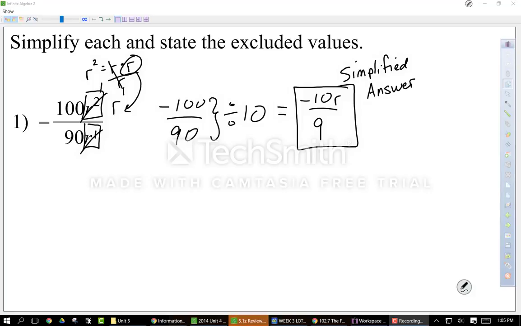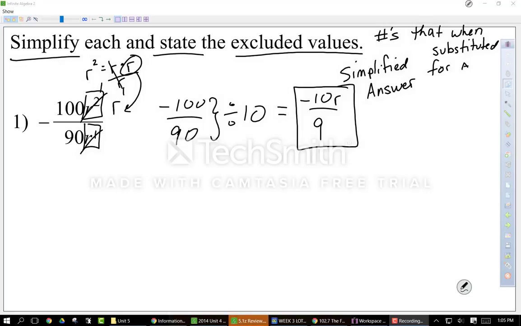But you notice the instructions say simplify and state the excluded values. So what are excluded values? Excluded values are numbers that, when substituted for a variable, give you 0 in the denominator.